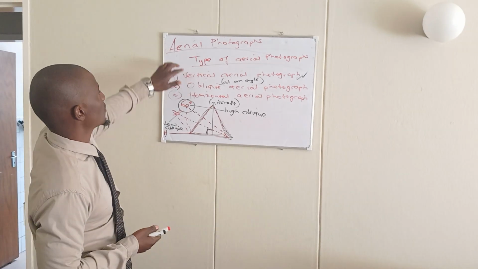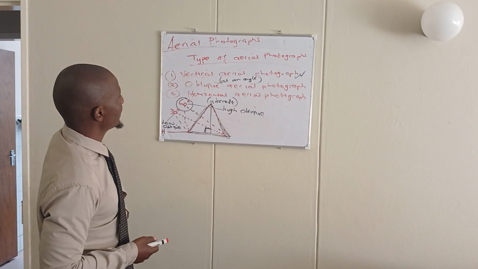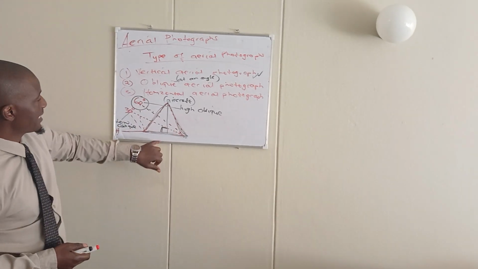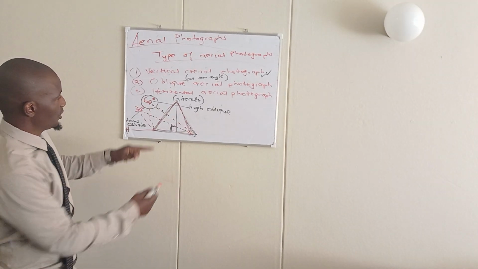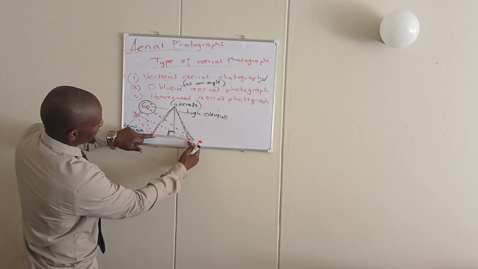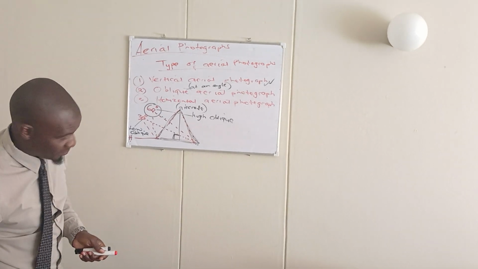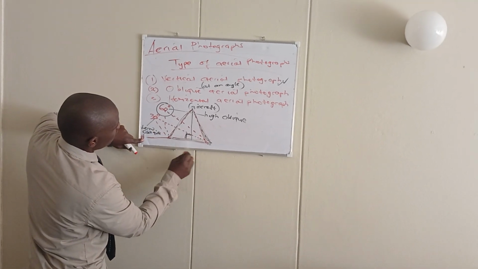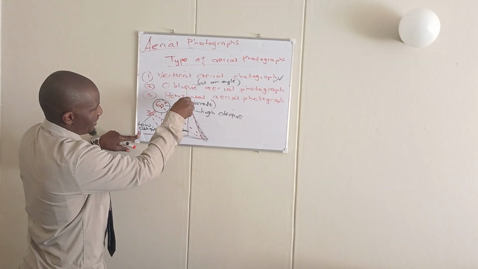So when it comes to aerial photographs, we have three types, like I've already highlighted. We have the vertical aerial photograph, which is taken at 90 degrees from the vertical. This is the part that is being captured from an aircraft or an airplane.